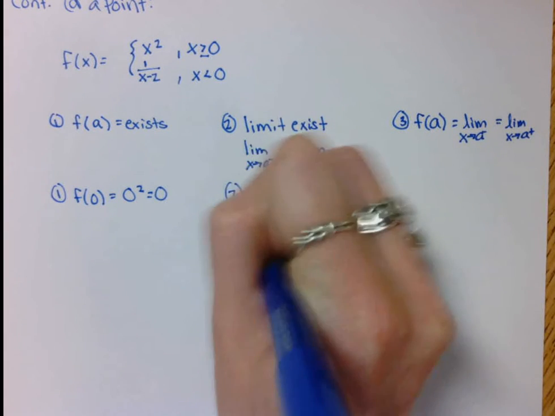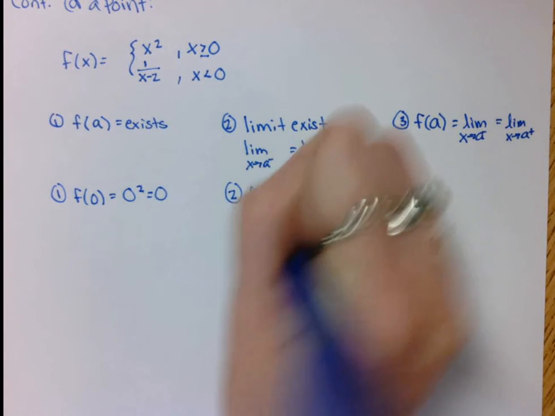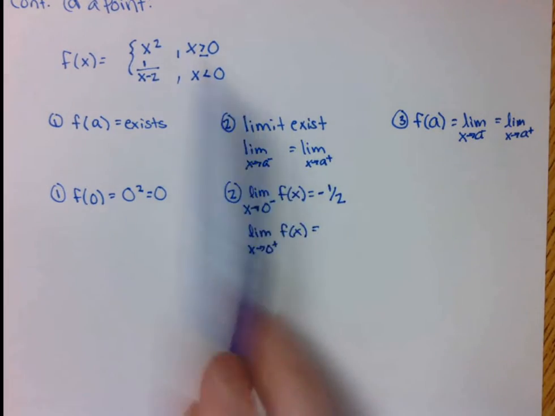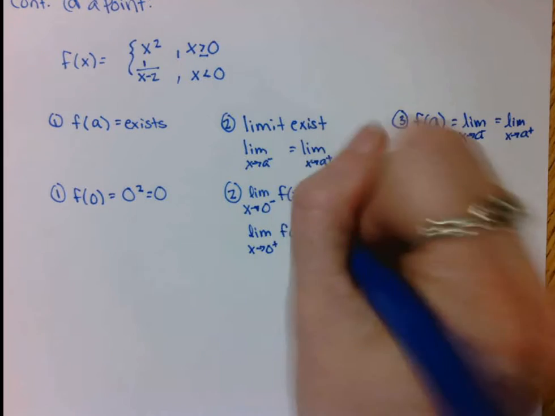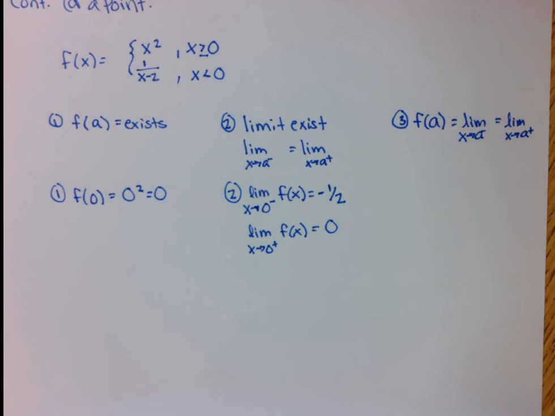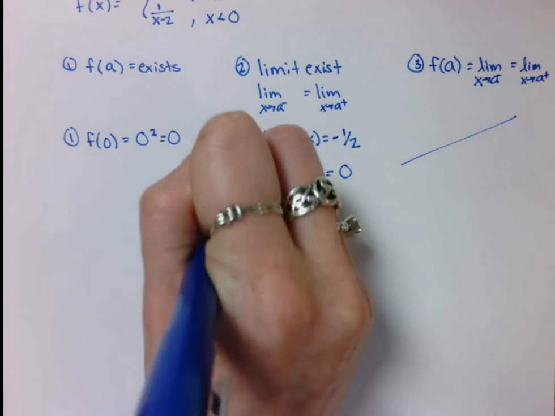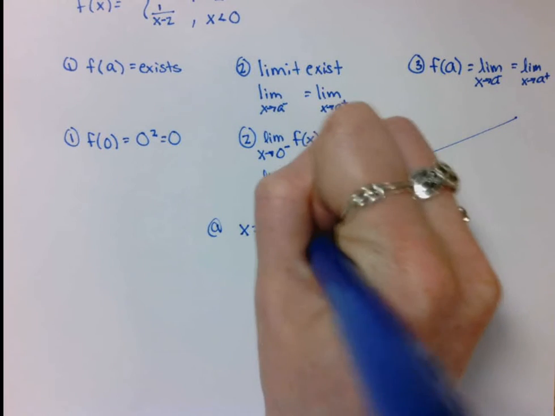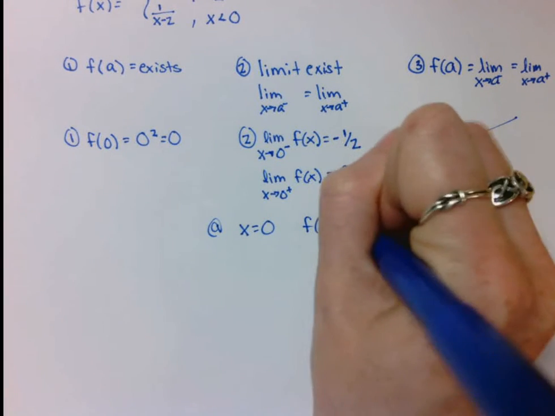The limit as x approaches 0 from the right of f of x uses my top equation, which gives 0. But these are not equal. So to justify, we don't even need the third step.